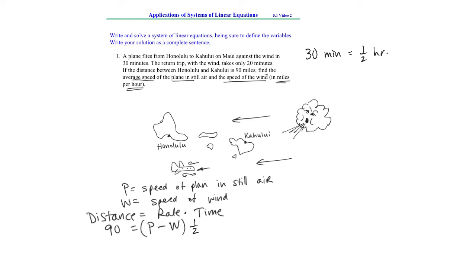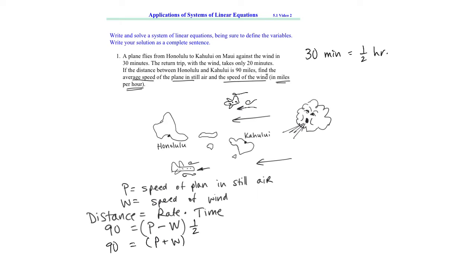Now going the other way, from Maui heading back towards Honolulu, our plane is being sped up just a little bit, not a lot, but that wind is helping. So we have the same distance that we're traveling, but now we have the plane, if it was flying in still air, plus just a tiny hint of that wind pushing it along.